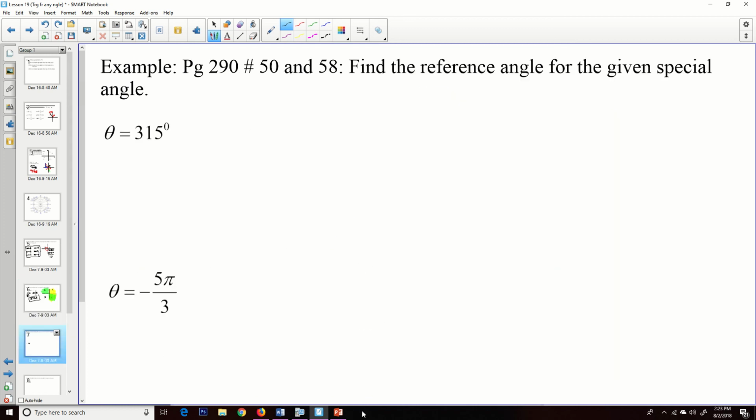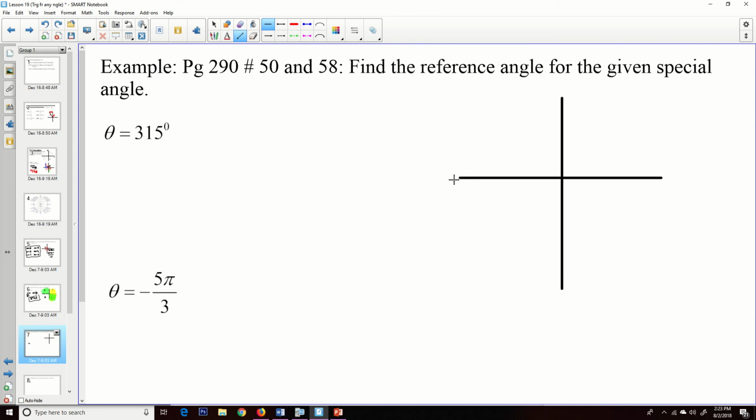Okay, find the reference angle for the special given angle. So I'm looking for reference angles for these two. I'm just going to draw myself a little picture here so that I can have a little bit of a reference. Okay, so 315 degrees. If I start at the standard position and I go around, there's 180, 270, 315 would be right there.